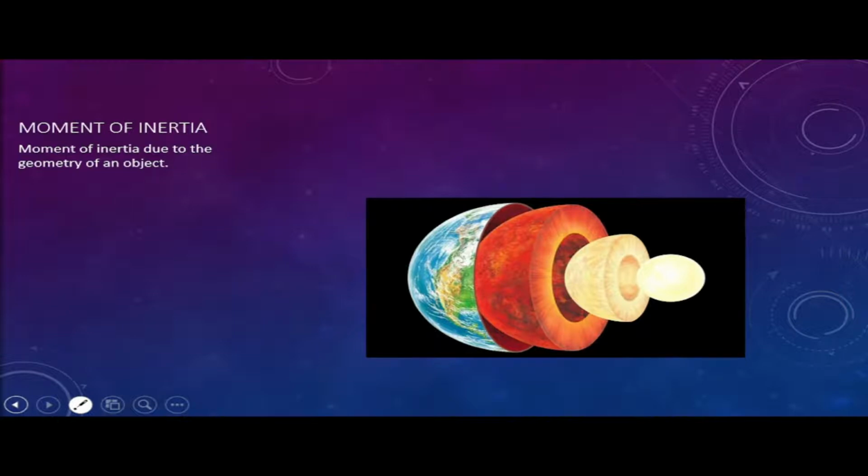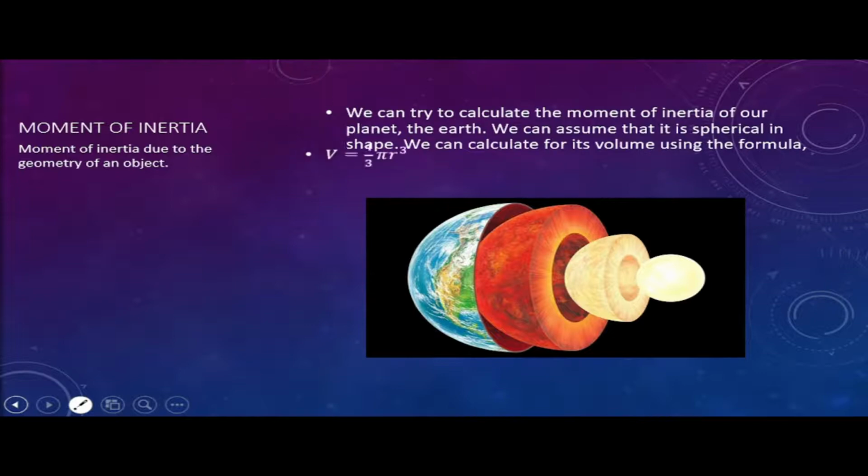We have the core, the outer core, the inner core, the mantle, and the crust. So we can try to calculate the moment of inertia of our planet. We can assume that it is a perfect sphere, or a solid sphere in shape, and we can calculate its volume using the formula V is equivalent to 4/3 pi r cubed.